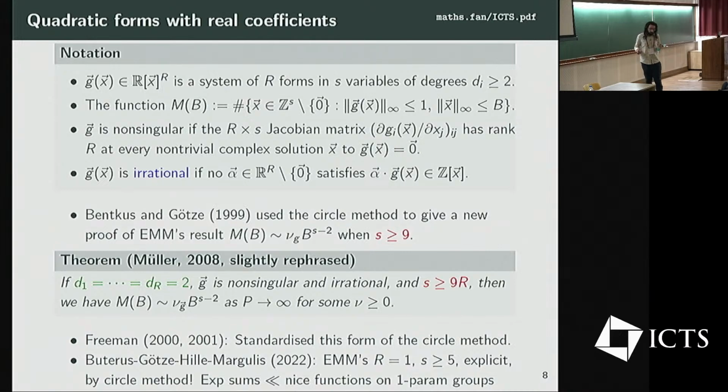And these ideas were then used by Müller to give a version with a system of R quadratic forms. So we have now this irrationality condition. I'm going to call a system of real forms irrational if no non-trivial real linear combination of them has integer coefficients.